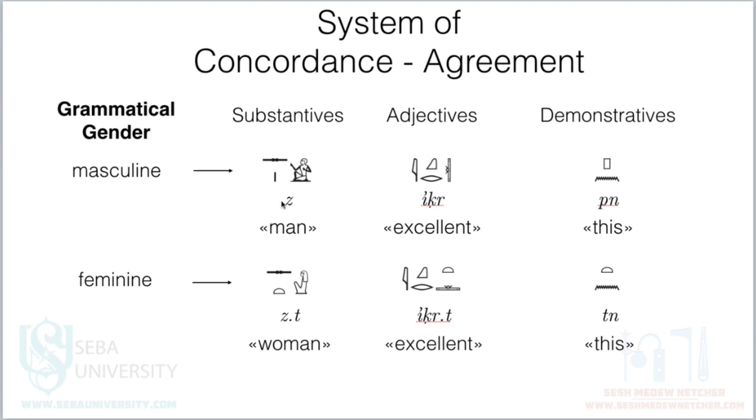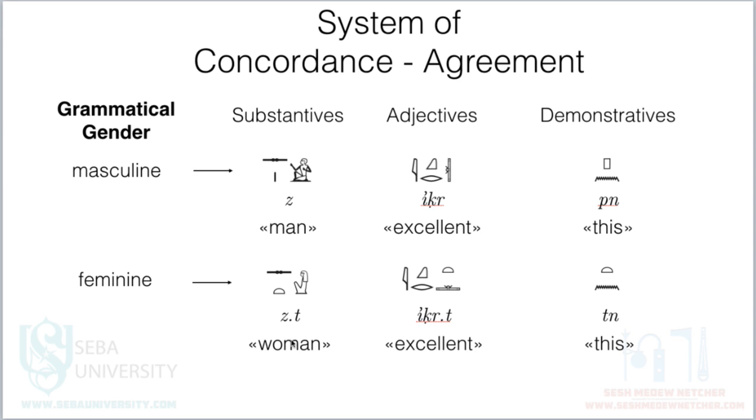We have z in the masculine, and zit in the feminine, which means woman. By the way, this particular example is based on biological sex, because masculine is associated with men, and feminine is associated with women.